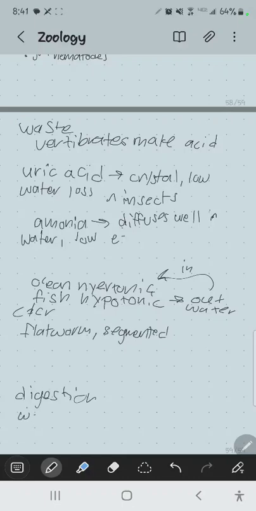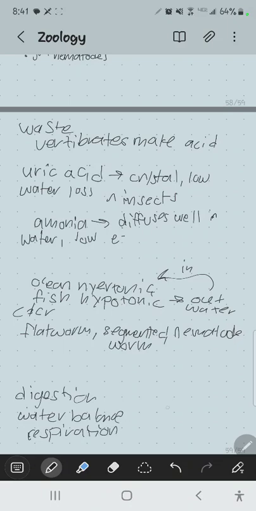we talked about osmoconformers versus osmoregulators. And so adaptations for osmoregulation. And there'll be a question about adaptations for respiration. So those are the main things we talked about: digestion, respiration, and osmoregulation.